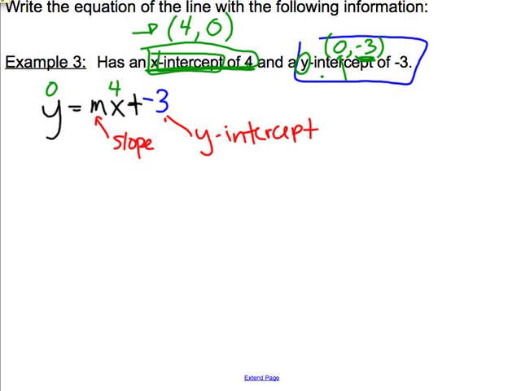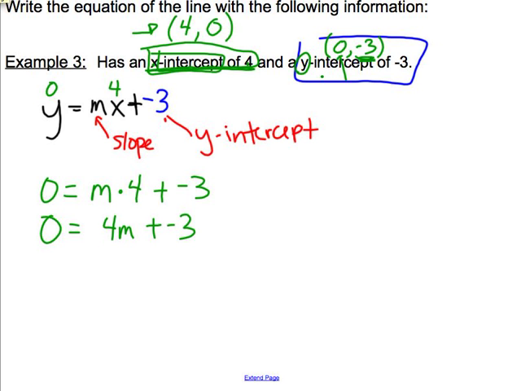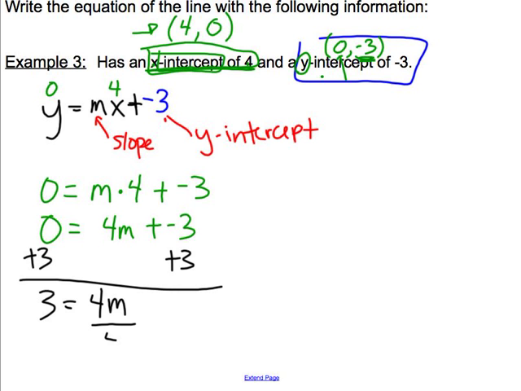So I'm going to plug in 0 for y, m is what I'm looking for, times 4 plus -3. I'm going to rewrite that as 4m plus -3 equals 0, because that's the same thing. Solving for m, I'm going to add 3 to both sides. I'm going to get 3 equals 4m. And I'm going to do one last step, divide both sides by 4.